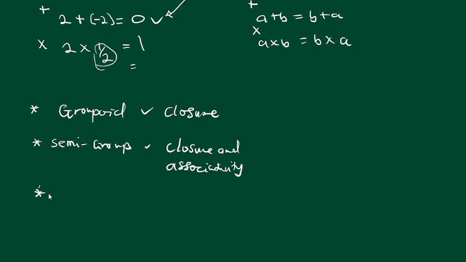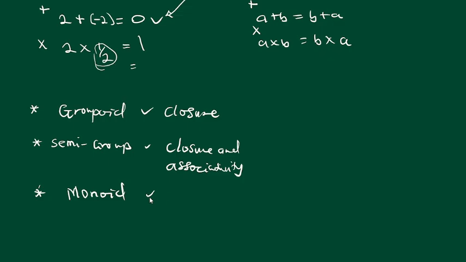Now, when a binary system satisfies the closure property, the associativity, and the identity, it is called a monoid. So it satisfies the closure, the associative, together with the identity.